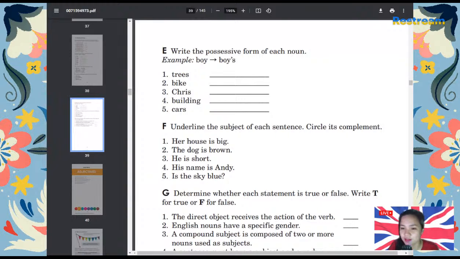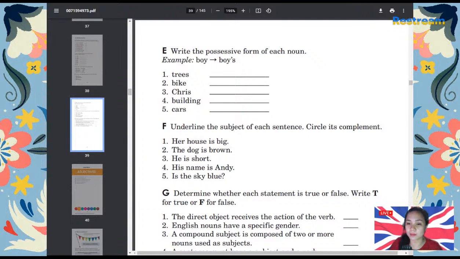Yes, very good. Dhruv is very good. The subject is the sky and blue is the subject complement because the word blue is describing the sky.